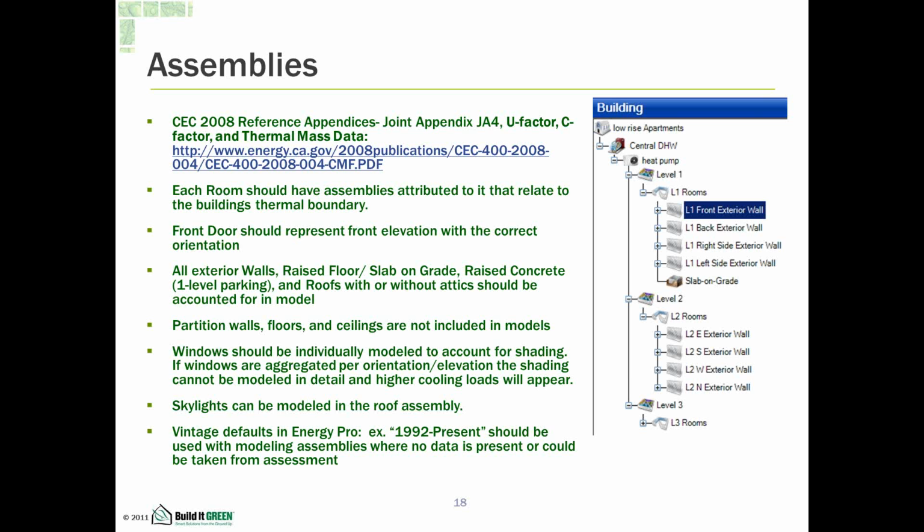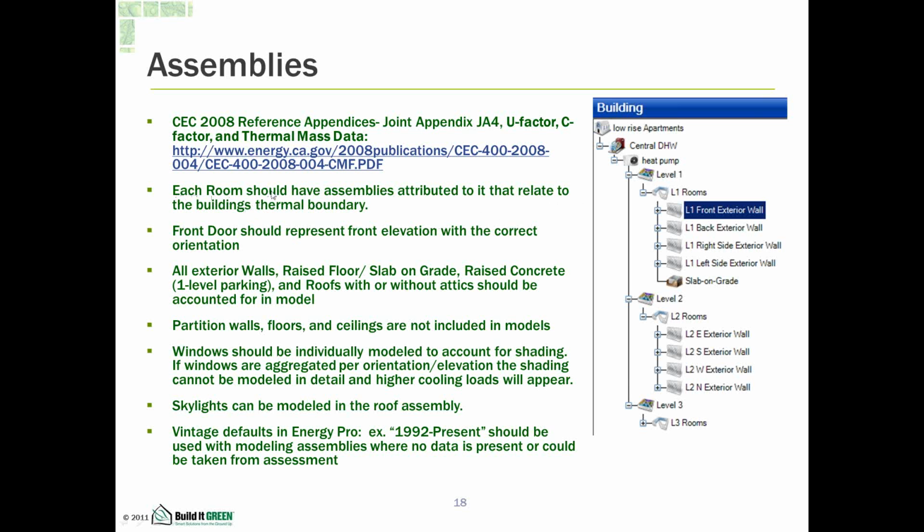If you go to it, it will give you the list of everything that Energy Pro has as far as assumptions when it comes to the assemblies for all the walls, floors, ceilings, roofs, and windows. There are many different types of assemblies, but what you're modeling with our assemblies is just the exterior thermal boundaries.